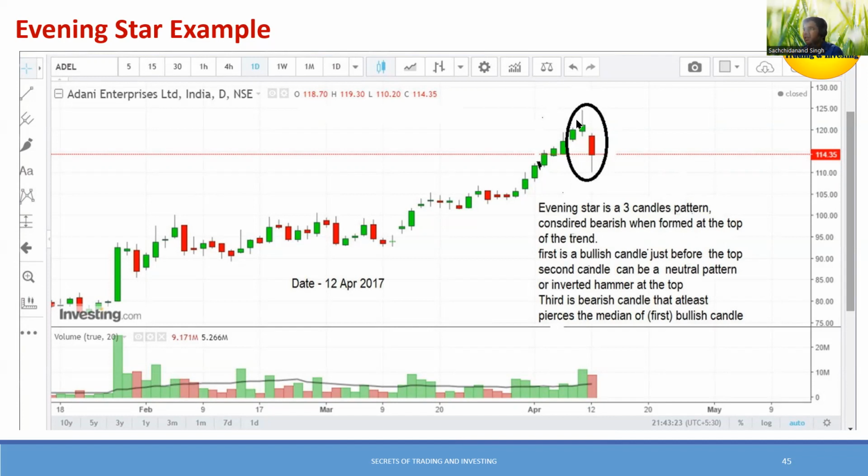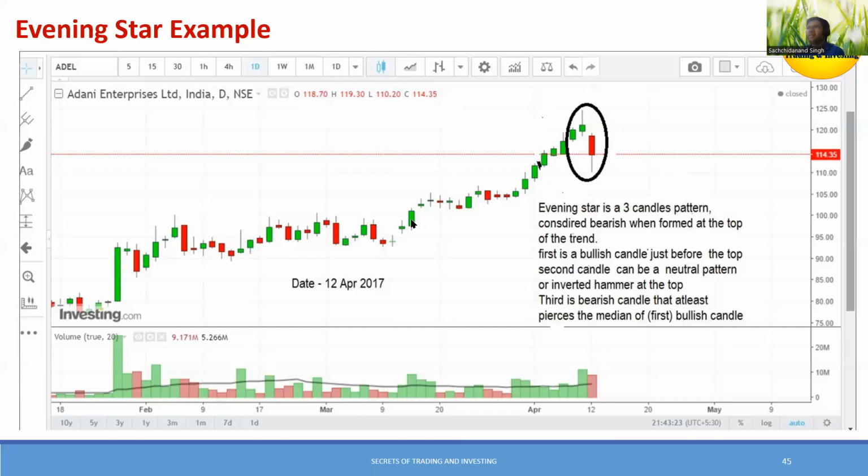So considering the three candlestick formation together, with the middle one, it looks more like an evening star example, rather than looking at the individual one. And if you look at the second candle also, it may be a kind of inverted hammer, which alone is also a bearish candlestick pattern.